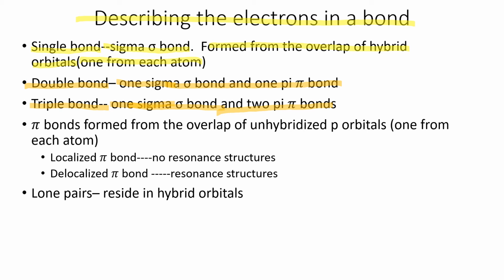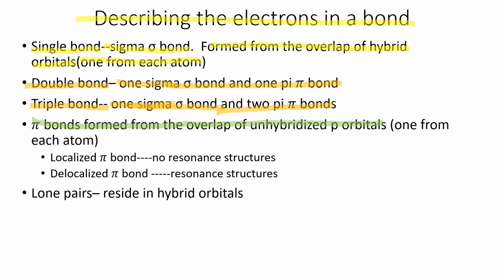When we have pi bonds, we want to talk about the overlap of unhybridized p orbitals. Remember, when we did the hybridization, for some of those hybrid orbitals, sp and sp2, we had unhybridized p orbitals that we didn't use in the hybridization.